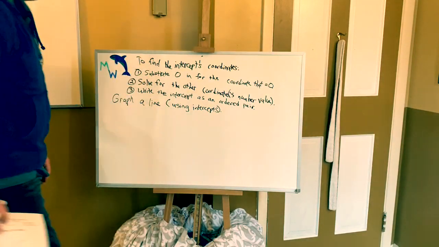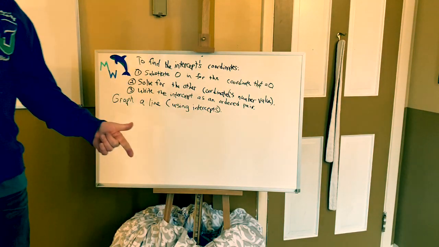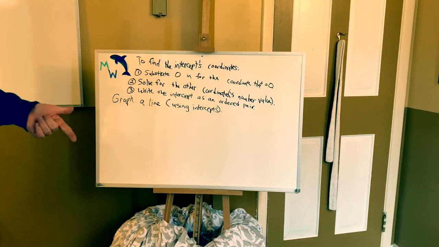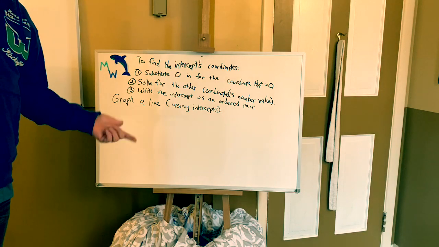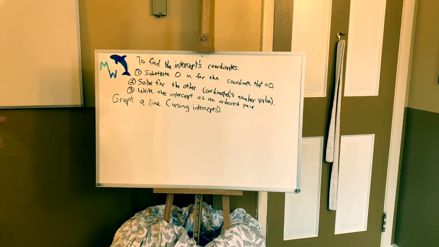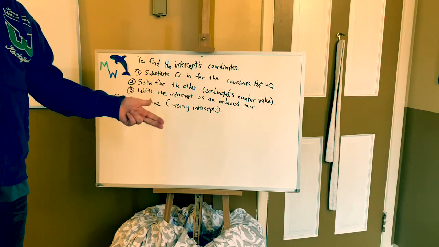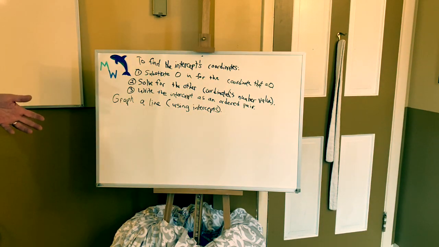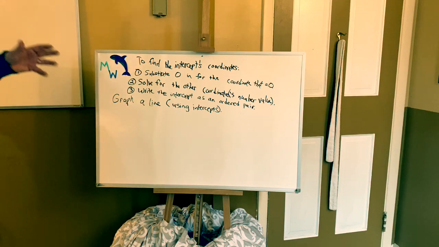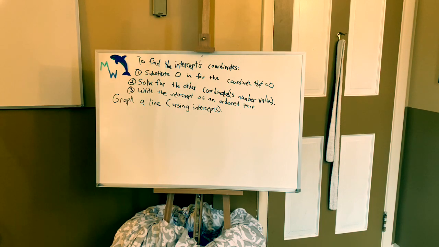Basically, if we have x present and y present, we have enough variables to make a line that's going to slope, and we can't let it go through the origin, so it's got to have x on some term, y on some term, and a number that's not 0. And if that's the case, we can graph using intercepts. We may not want to, but we can. And I'm going to go through that in another video in a few minutes. I'll be done with a couple of these, and then I'll go into the details.